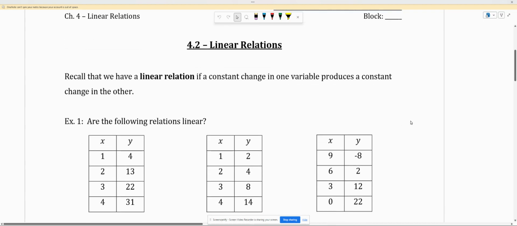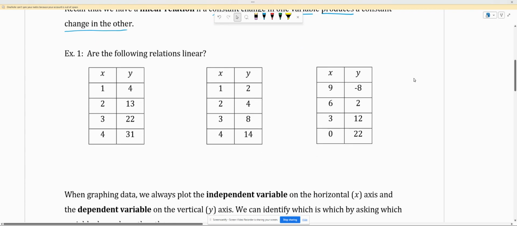Okay, so a linear relation is defined as we have constant change in one variable produces a constant change on the other. You might think as one depends on the other, which is true. Now, are the following relations linear? These are abstract. We have no context here, so let's see what's going on. We look at the left side first, and we see every time we go, we are increasing by +1.